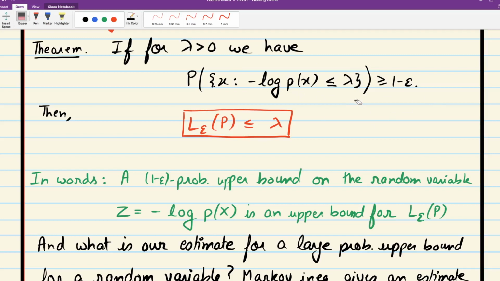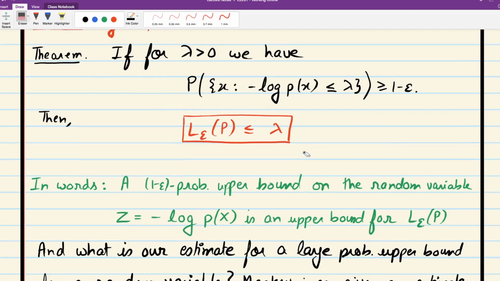We already saw that there are no more than 2 to the power lambda sequences in A lambda, so we can store all the sequences in A lambda using less than or equal to lambda bits. So if its probability is greater than 1 minus epsilon, then storing all the elements in A lambda constitutes a valid scheme for L epsilon p, and therefore L epsilon p, which is the minimum length over all such schemes, must be less than or equal to lambda. Okay, therefore L epsilon p is less than or equal to lambda.